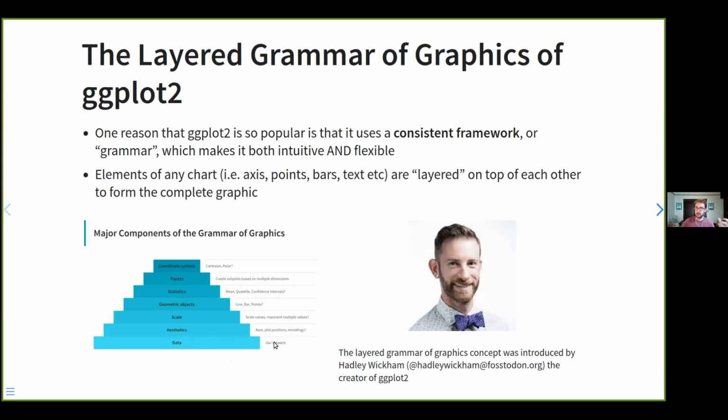The data is the start of the plot. You're layering everything else on top of whatever data frame you're using to visualize it. On top of that layer, you have things like the aesthetics, the different scales, the geometric objects, lines, bars, etc., statistics or other changes to the coordinate system that are all layered on top one at a time, as you'll see literally in the code, to create the final plot.